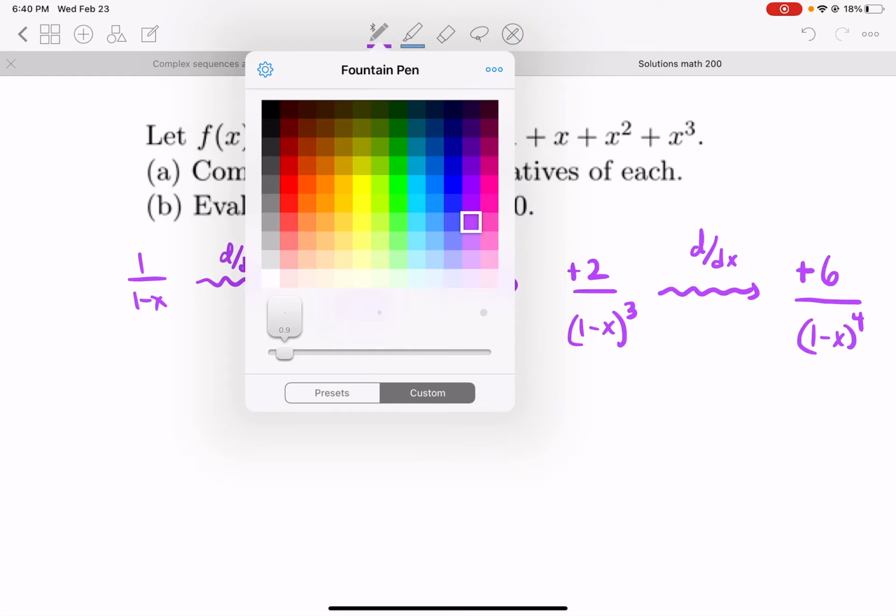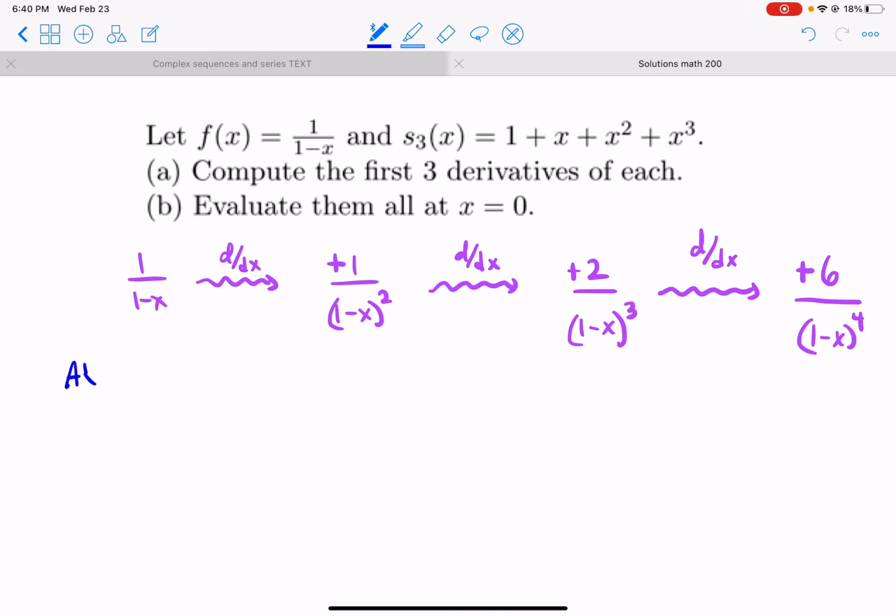Okay, and I'm supposed to evaluate them, so at x equals 0, well, the function just gives 1. This gives 1. When x is 0, I get a 2. When x is 0, I get 6. Okay, this is the function value at 0. The derivative value at 0.